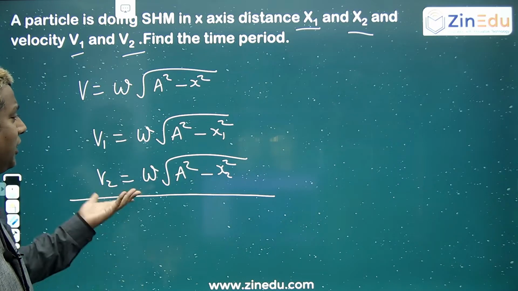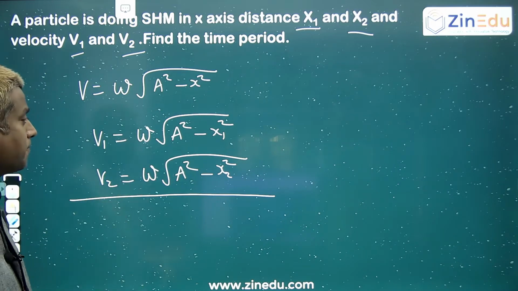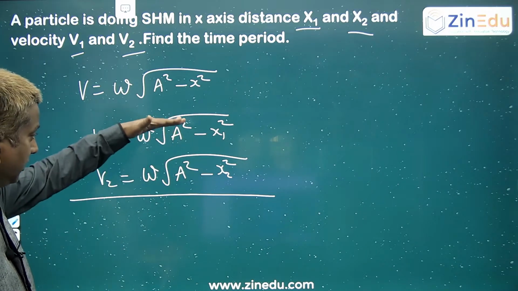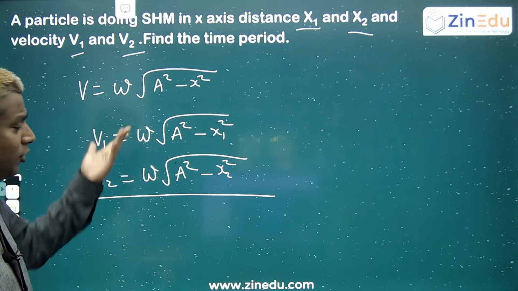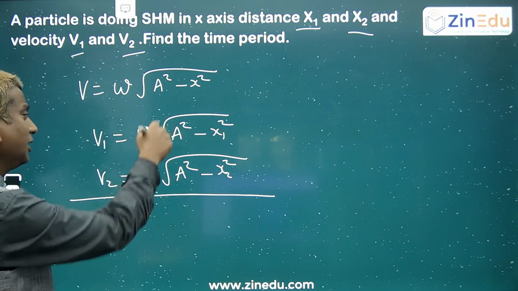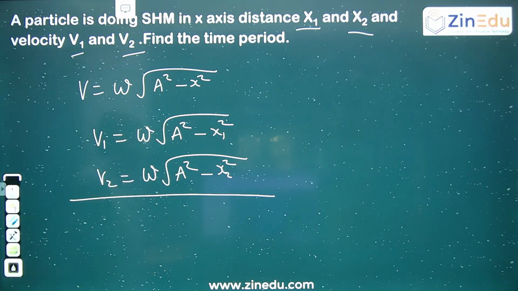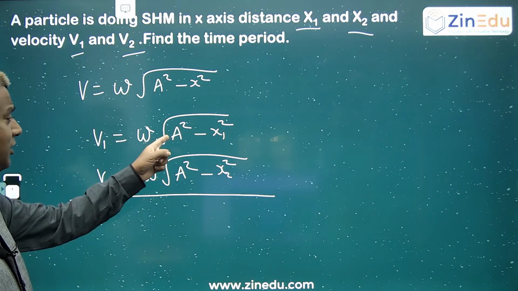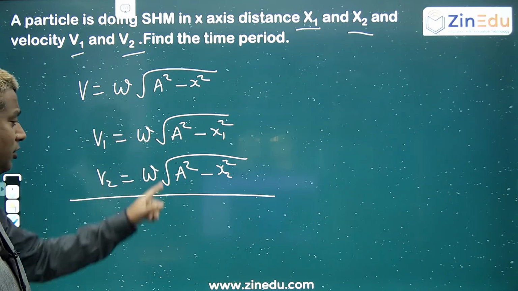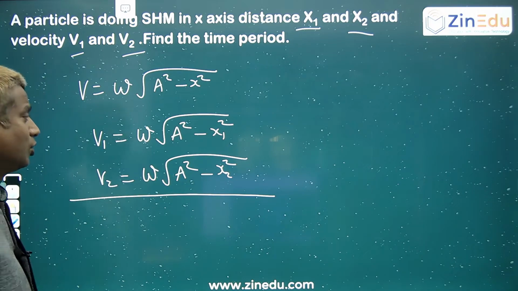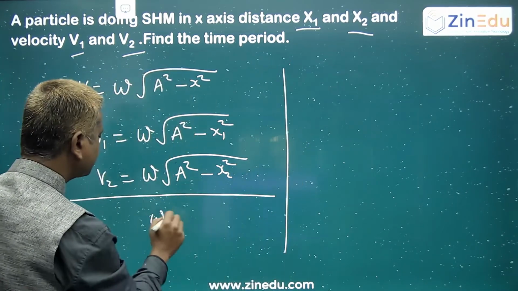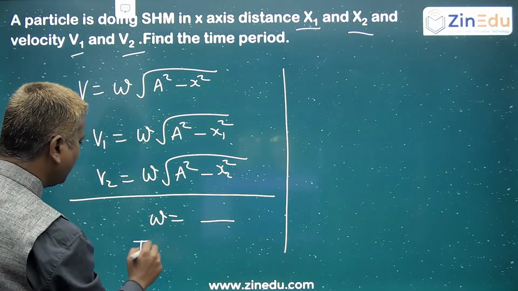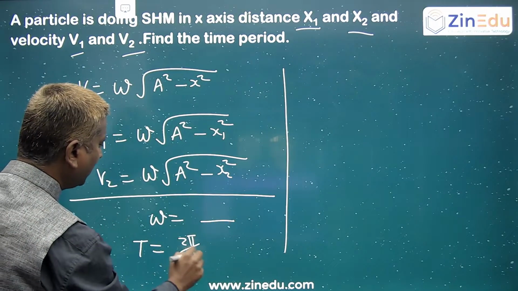If you divide, you will get a relation between v1 and v2. Omega is getting cancelled, you will get the amplitude, and resubstituting for amplitude, you will get the value for omega. Two equations, two variables: a is a variable, omega is also a variable. So you can solve for omega, and after that you can get the value for the time period, which is equal to 2 pi by omega.